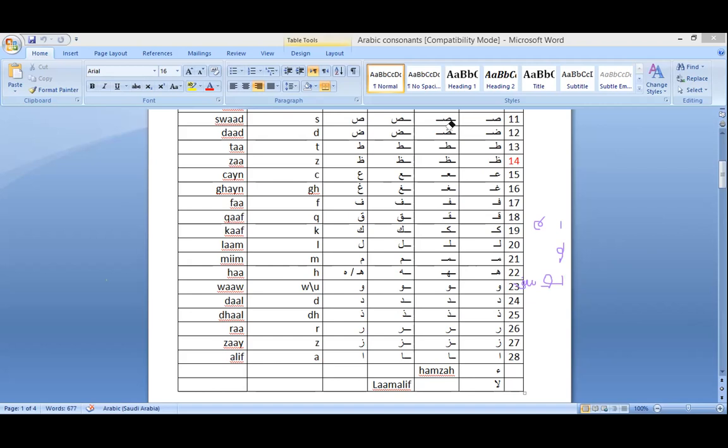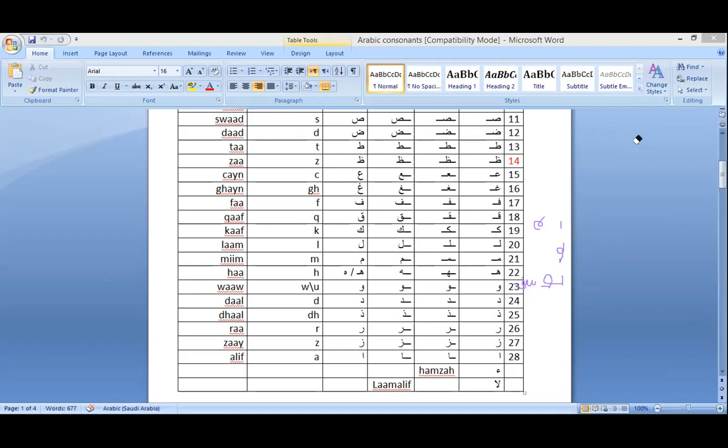Well, what's the first letter? The first one is Y. What is Y in Arabic? Yes, ya. Now, is this okay? Apart from the shape, what else does ya have?